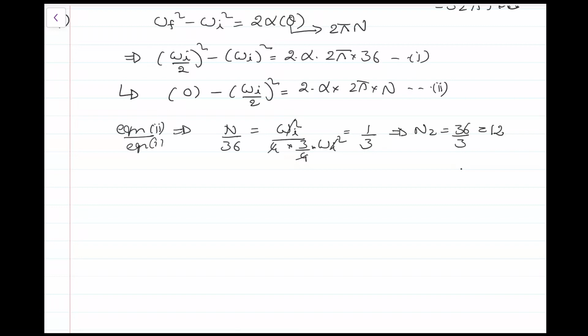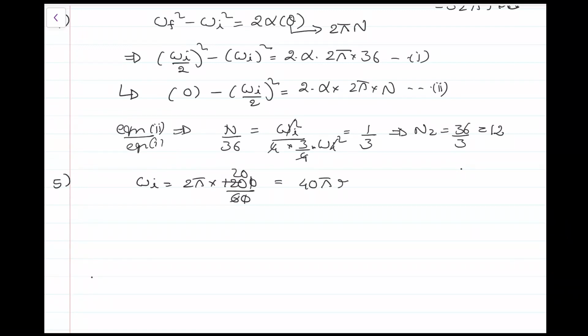Next, problem number 5. The speed of a motor increases from 1200 rpm to 1800 rpm in 20 seconds. How many revolutions does it make in this period of time? So now I am going to write initial angular velocity is equal to 2 pi n, where n is 1200 rpm, so 1200 by 60, so 40 pi radian per second.